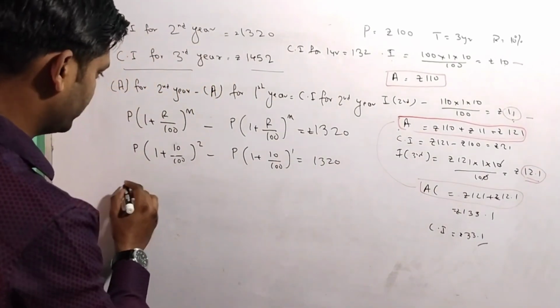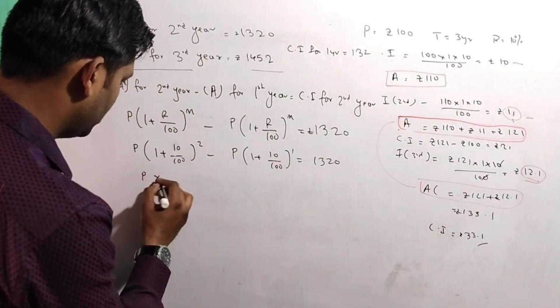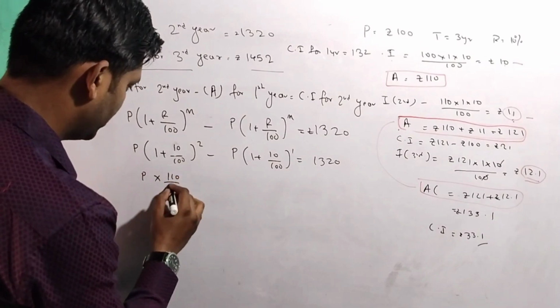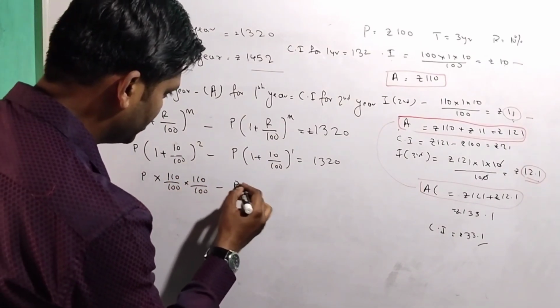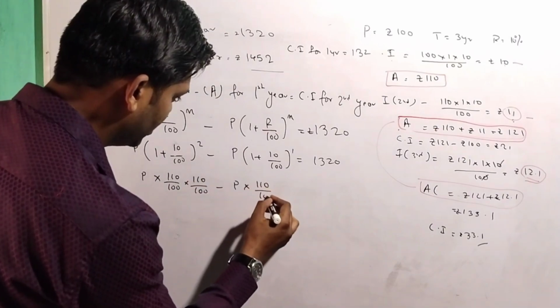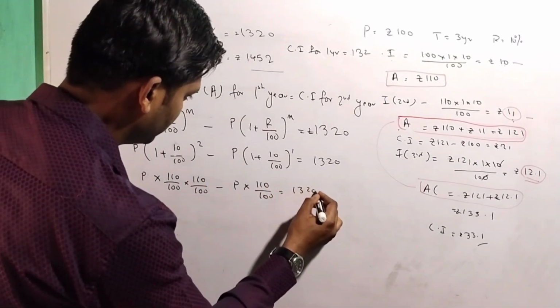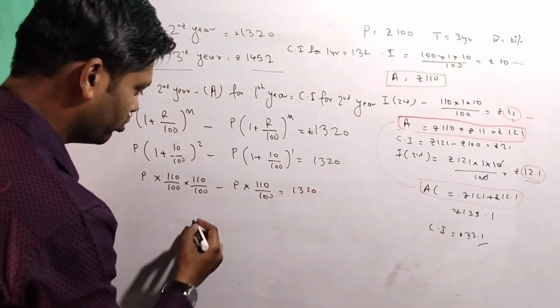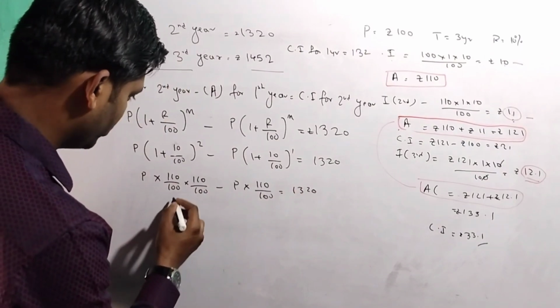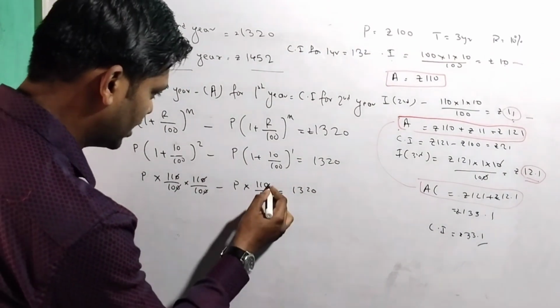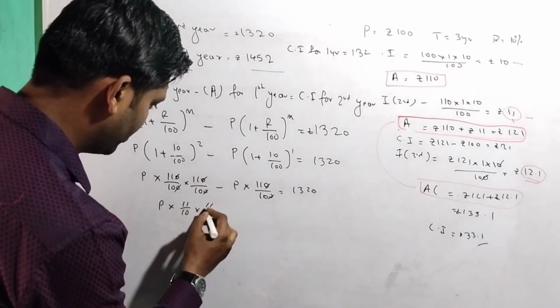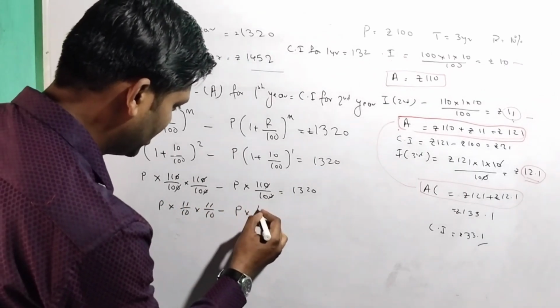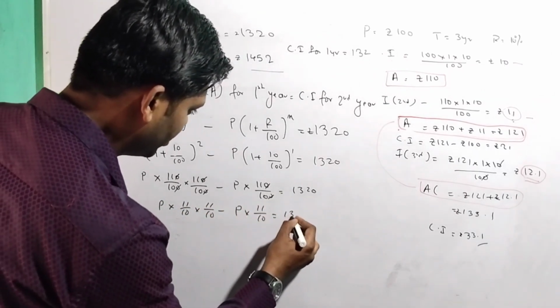Now the calculations. P into 110 by 100 into 110 by 100, minus P into 110 by 100, is equal to 1320. Now take out the common factor; you know how to do the calculation. You can cancel like this: P into 11 by 10 into 11 by 10 minus P multiply 11 by 10 is equal to 1320.